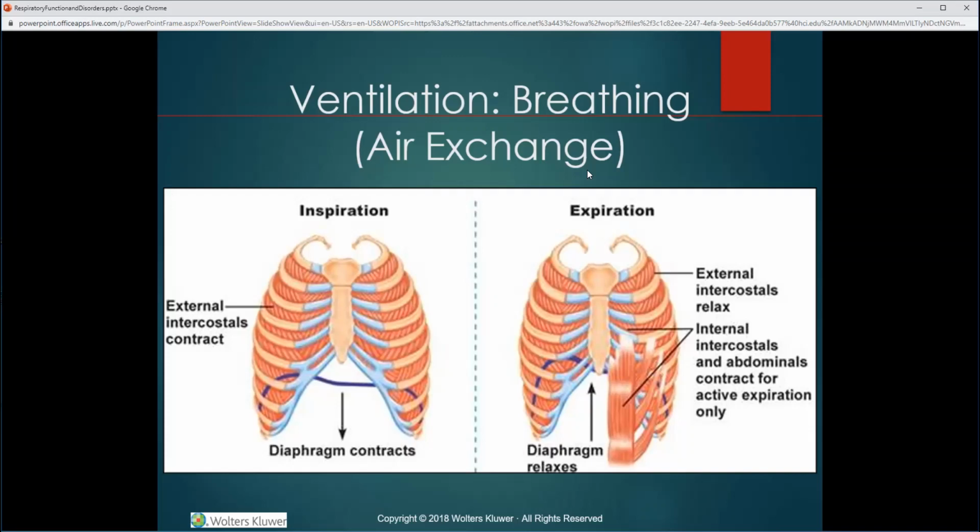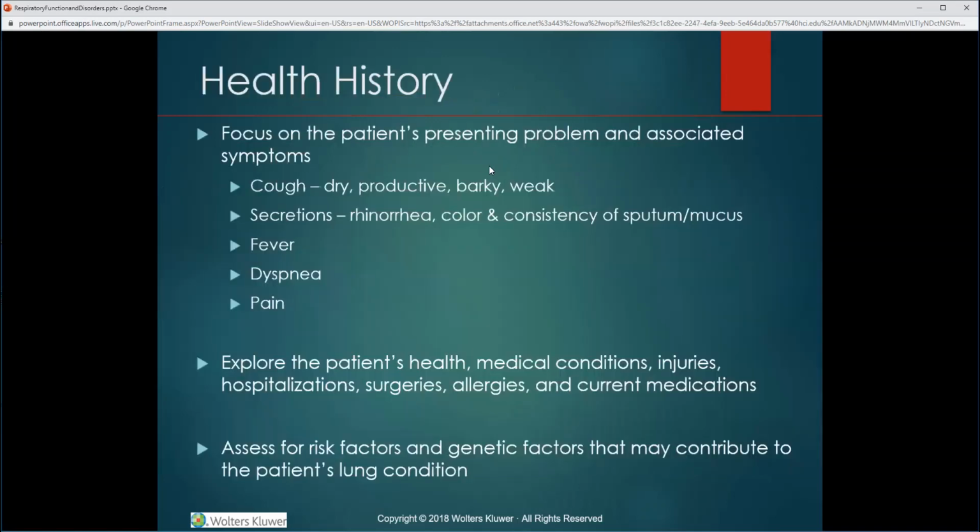Those are accessory muscles. They shouldn't be doing any work, but now they are because the muscles that should be working are not. So use of accessory muscles, intercostal retractions, those are terms you use to describe someone. If you see that, that's a sign of distress.